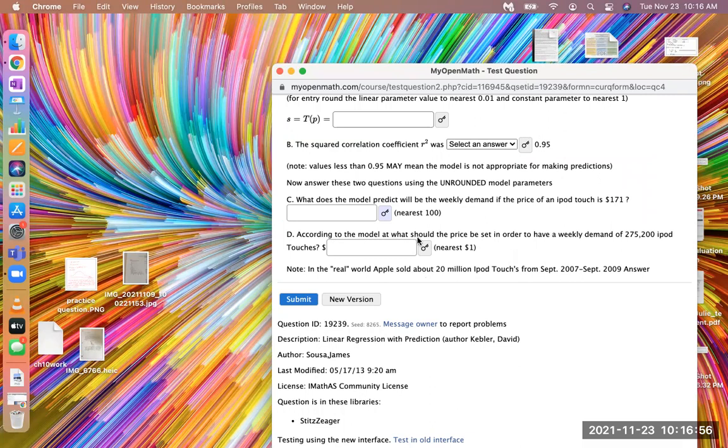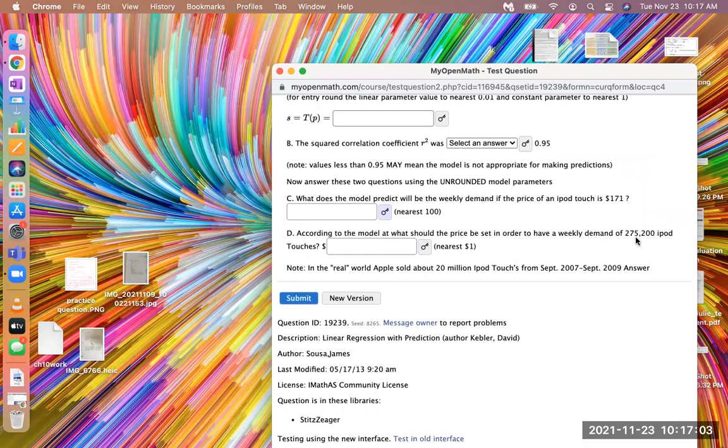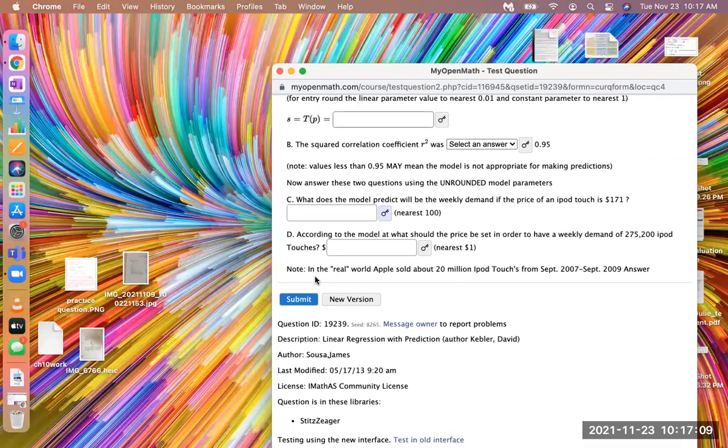According to the model, at what price should be set in order to have a weekly demand of 275,200 iPad touches? Okay, so this is backwards from the original problem. So we have an equation, y equals, I'm just going to put the truncated part.